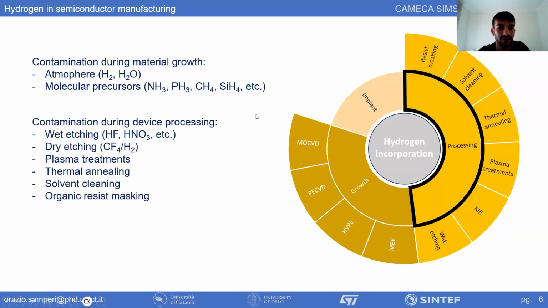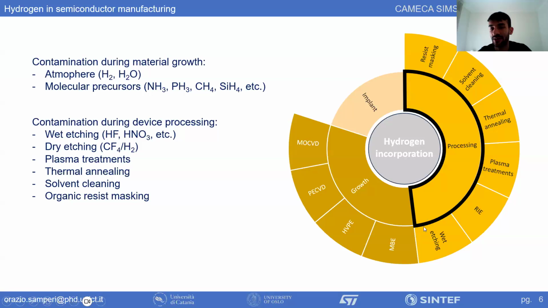Another source of hydrogen contamination or incorporation is the post-growth processing, meaning processing of the material itself, or the ultimate devices.